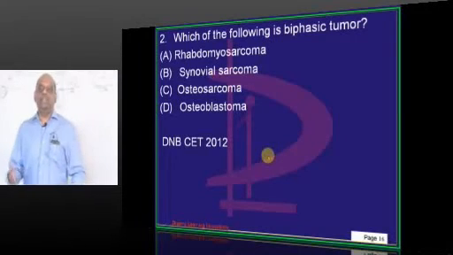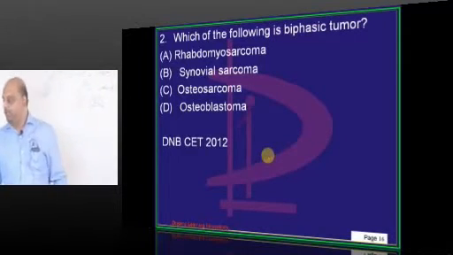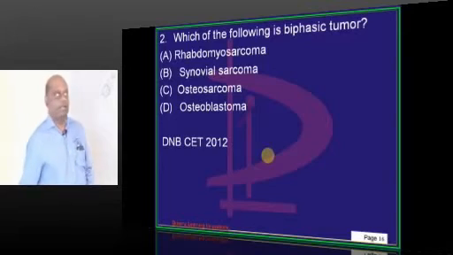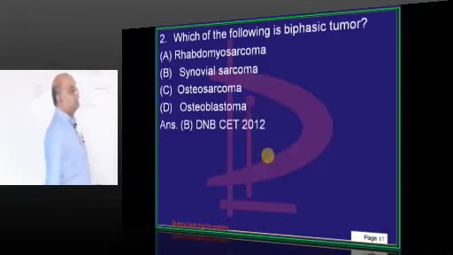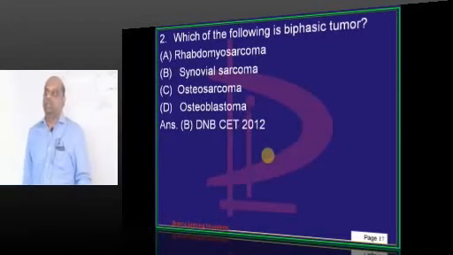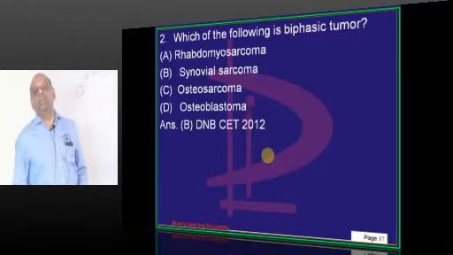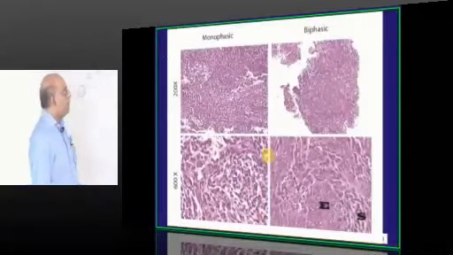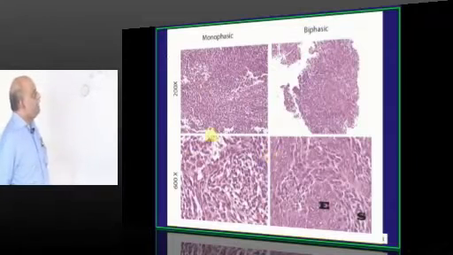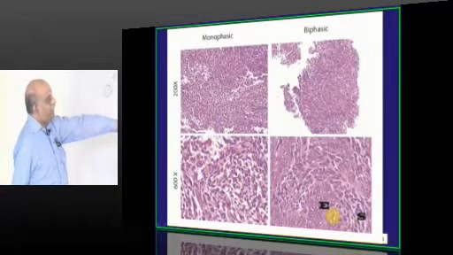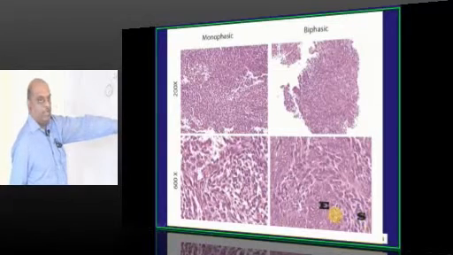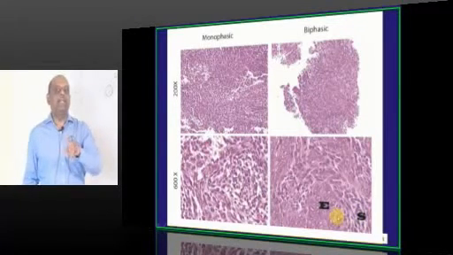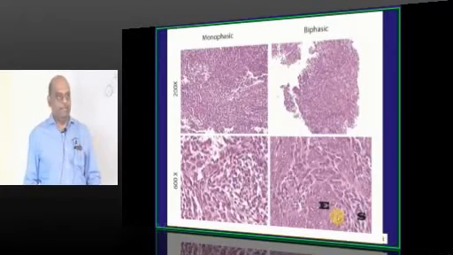Now, what is a biphasic tumor is a very important question about the bone tumors. Synovial sarcoma is called biphasic. What is the meaning of biphasic? You have a monophasic and you have a biphasic. Biphasic means both germ layer derivatives will be there.